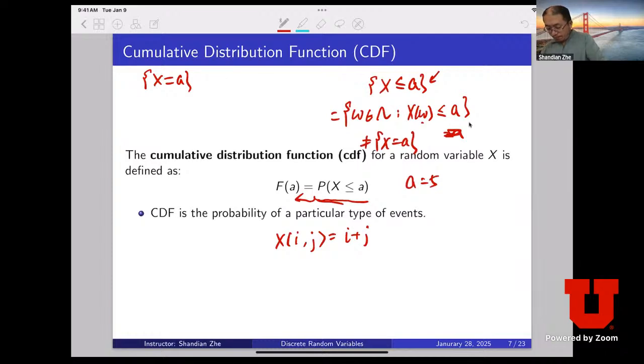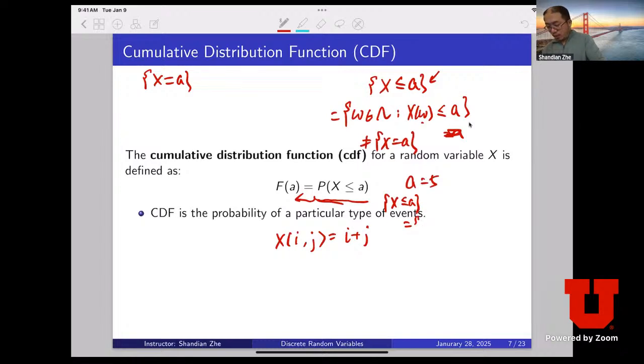Then what does this event mean? What kind of elements in the sample space are included in this event? Yes, exactly, right? We can just enumerate manually, which is a little bit tedious, but it's a good tedious practice.